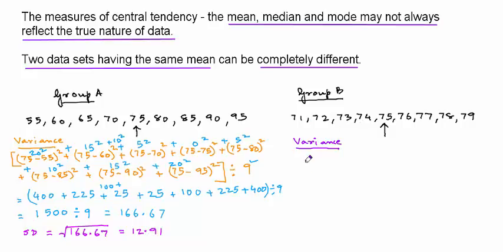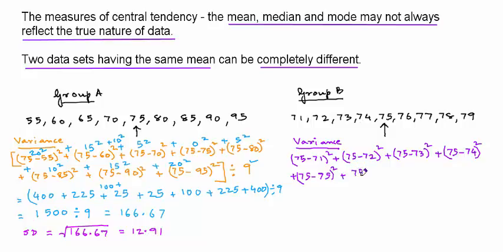But if we go on to find the variance, so we need to do 75 minus 71 square plus 75 minus 72 square plus 75 minus 73 square plus 75 minus 74 square plus 75 minus 75 square plus 75 minus 76 square plus 75 minus 77 square plus 75 minus 78 square.